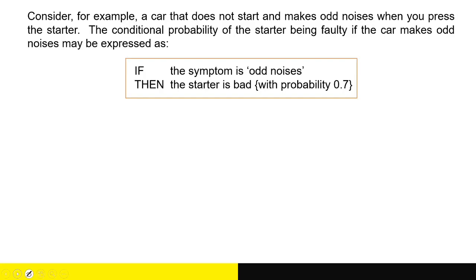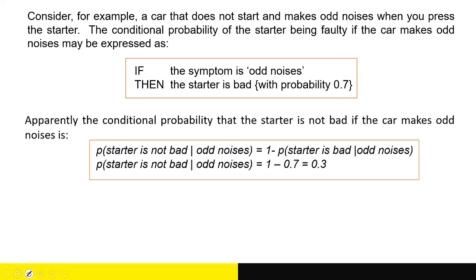For example, consider a car that does not start and makes odd noises when you press the starter. The conditional probability of the starter being faulty if the car makes odd noises may be expressed as: if the symptom is odd noises, then the starter is bad, with probability 0.7. Apparently, the conditional probability that the starter is not bad if the car makes odd noises is, so what if the starter is not actually broken even when the car is making odd noises?